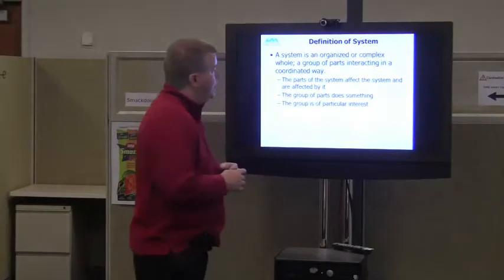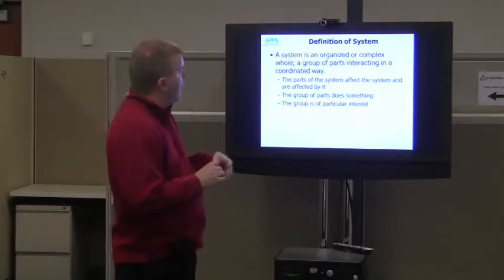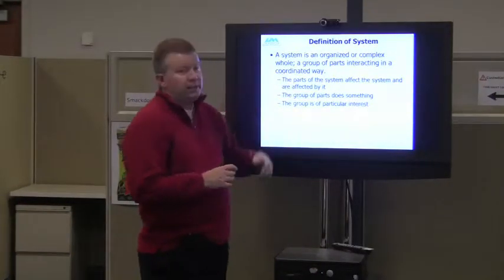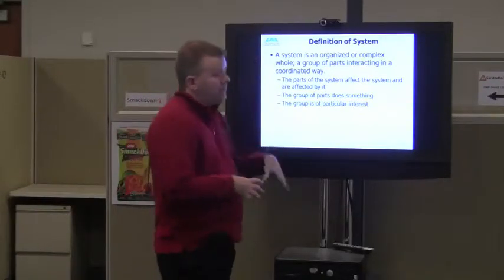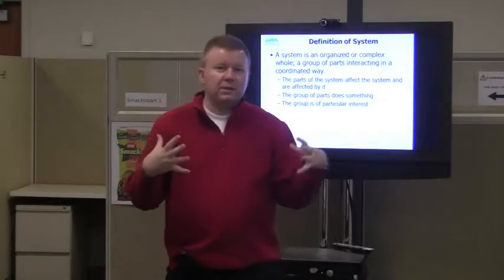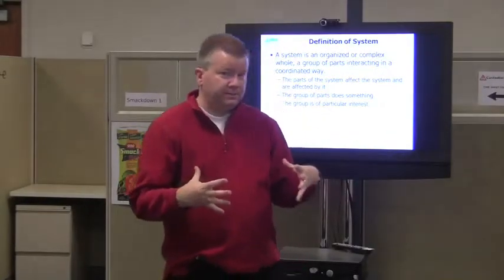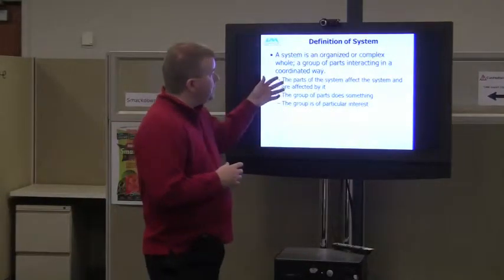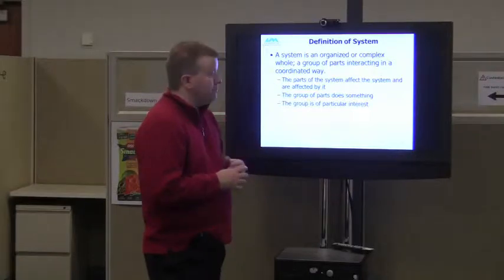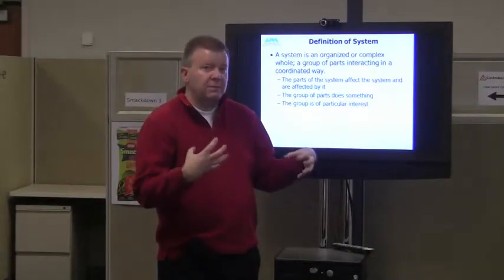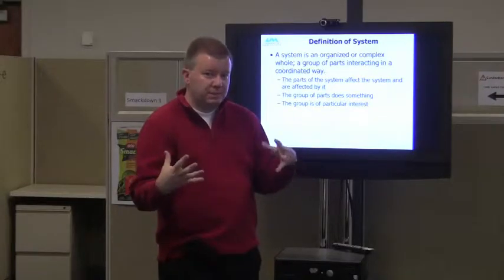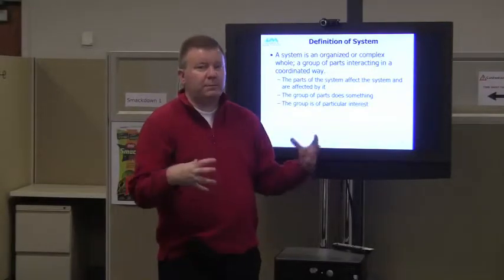So, definition of a system. A system is an organized or complex whole, a group of parts interacting in a coordinated way, right? And that's a big part to this. They must be performing some global function together, and that defines a system. So the parts of the system affect the system and are affected by it, so everything is working together. These are the interfaces. The parts of the system could be the subsystems, the components, the elements, whatever.